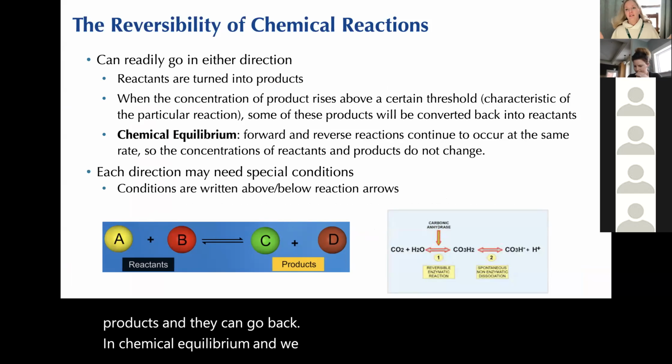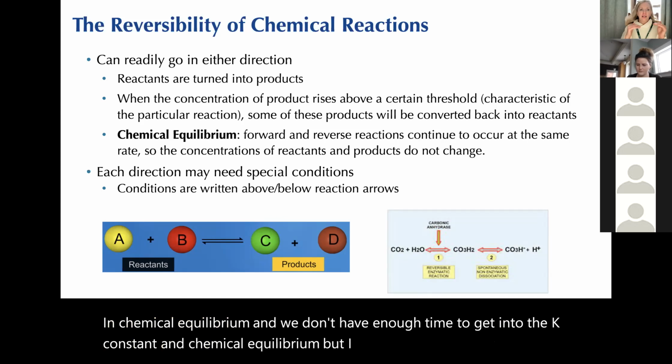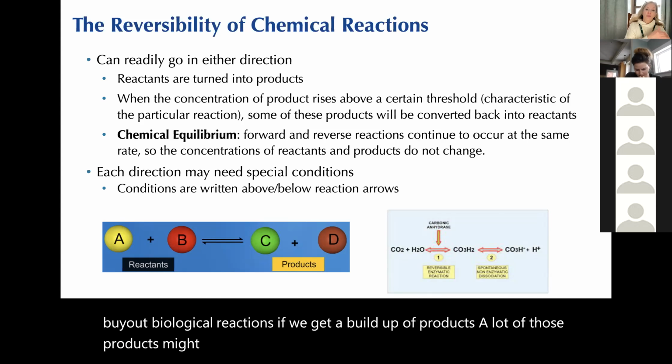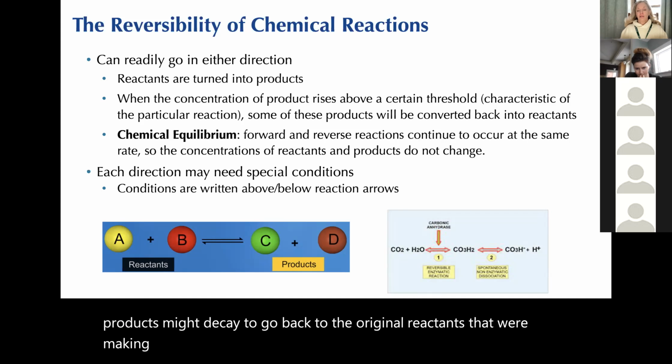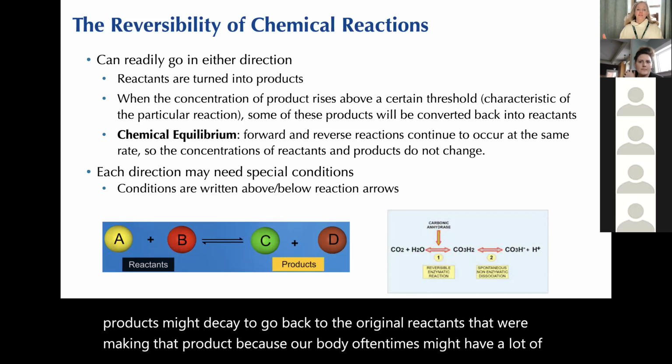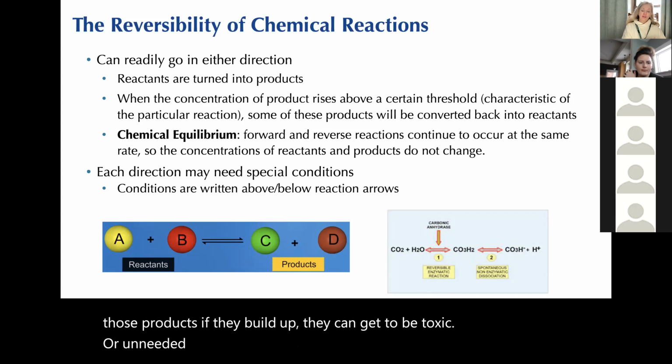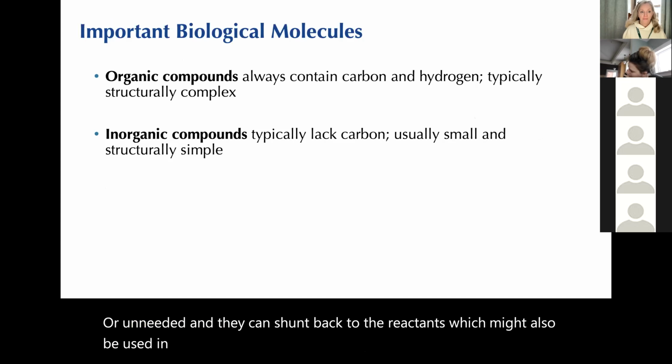We don't have enough time to get into the K constant and chemical equilibrium, but I just want you to understand in biological reactions, if we get a buildup of products, a lot of those products might decay to go back to the original reactants that were making that product, because our body oftentimes might have a lot of those products. If they build up, they can get to be toxic or unneeded, and they can shunt back to the reactants, which might also be used in another reaction, okay?